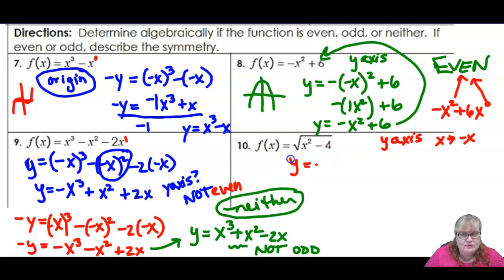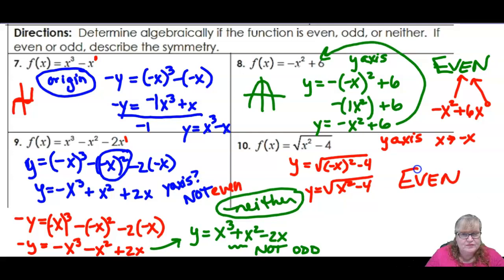So we have y equals the square root of negative x squared minus 4. This squared becomes a positive 1x squared. It is indeed what we started with. So the y-axis symmetry test works. So it is an even function.